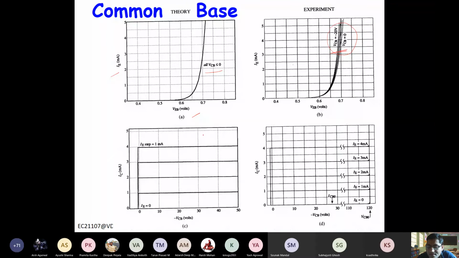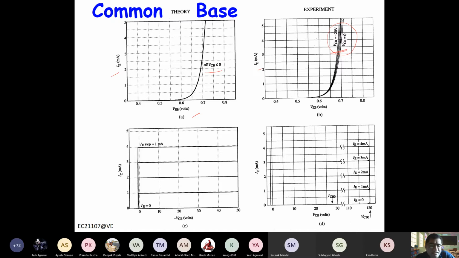And what is the effect? The emitter current actually increases with the reverse bias of base collector. Of course, this influence is minimal, very small, but you can see the effect here, and it does play a role. We will see how this effect is coming, but you can have a preview.